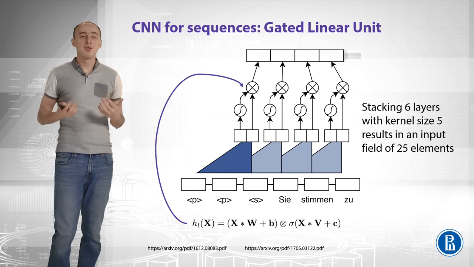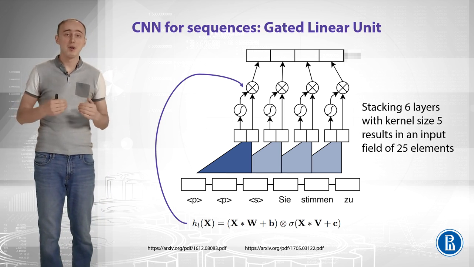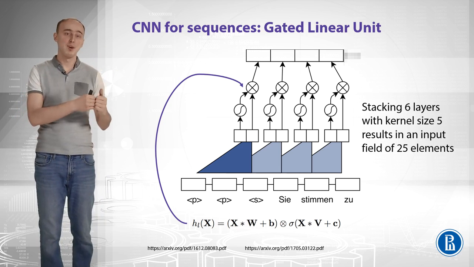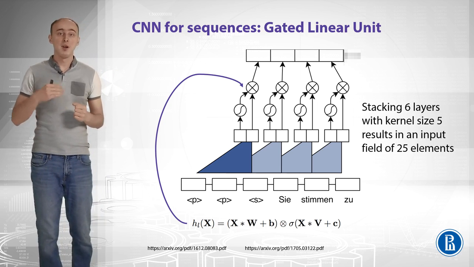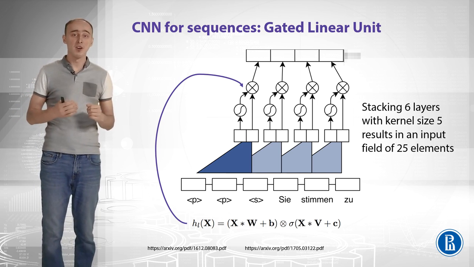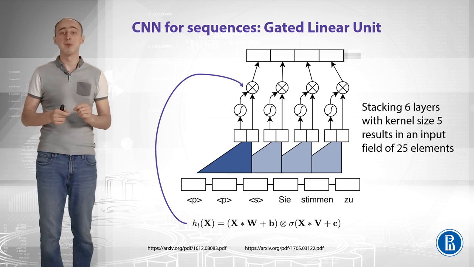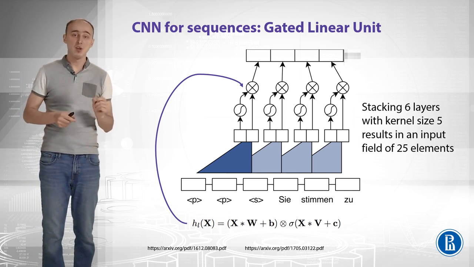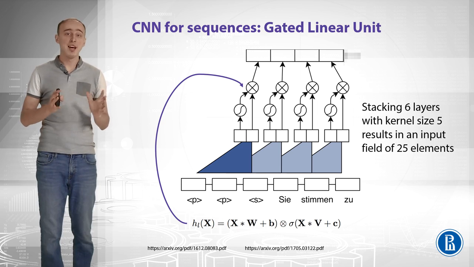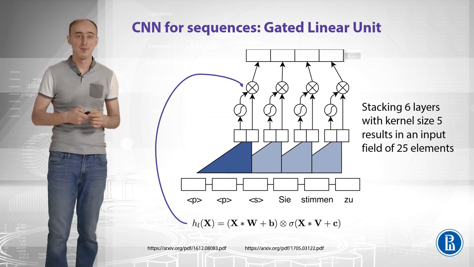Okay, so from convolutional neural networks, we know how to increase the input receptive field. We stack convolutional layers. Let's stack 6 layers here with kernel size 5, and that will result in an input field of 25 elements. And the experiments show that 25 elements in the receptive field might be enough to model your sequences.